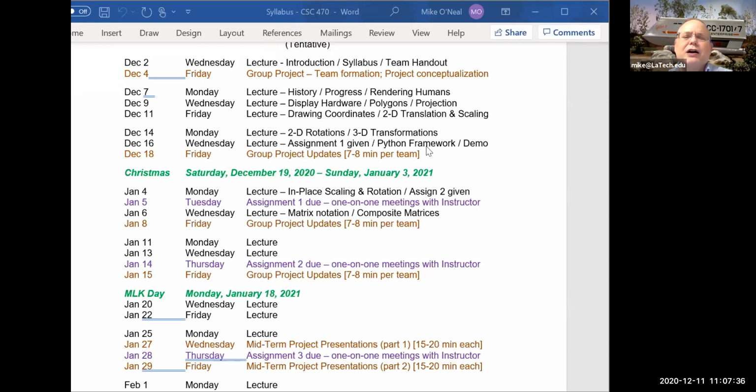I'm also going to give you a Python framework for assignment 1, and I'm going to give a demo of assignment 1 running with my code. Obviously, I'm not going to give you my code. Well, the framework is probably at least 50%, maybe 75% of the actual code of the program. So the way this class goes, assignment 1 and assignment 2, which by the way will be given almost immediately after we get back, because there's very little material I have to cover between assignment 1 and assignment 2.